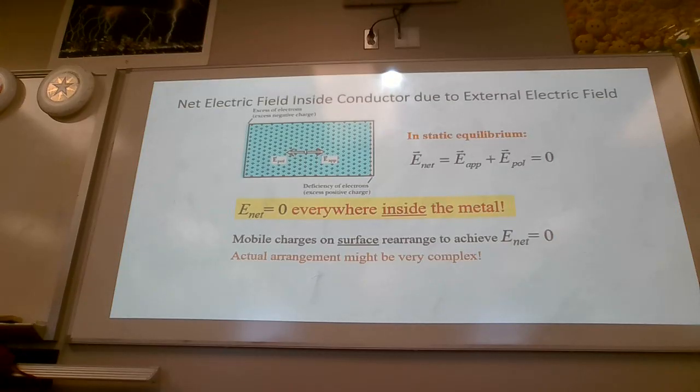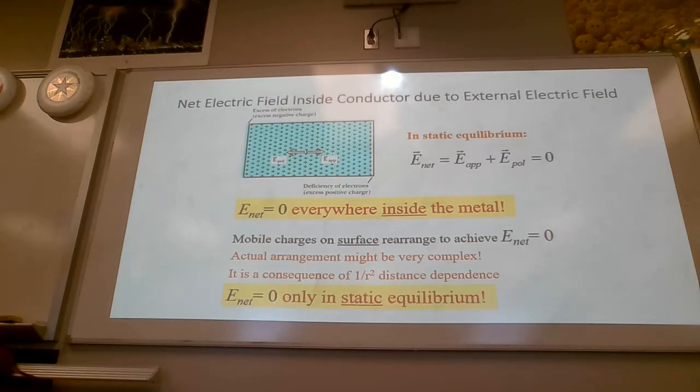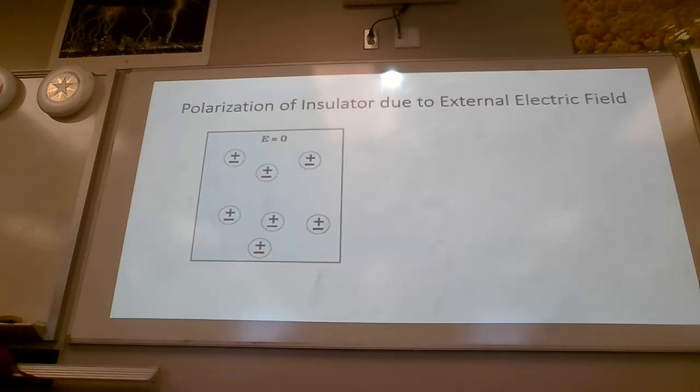Actually, it can be very complicated to achieve that, but we know at the end of the day that the net electric field inside the metal is equal to 0, as a consequence of the 1 over r squared distance dependence. Yes, again, real important.